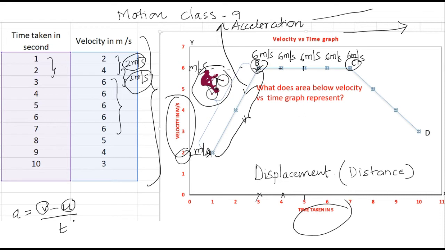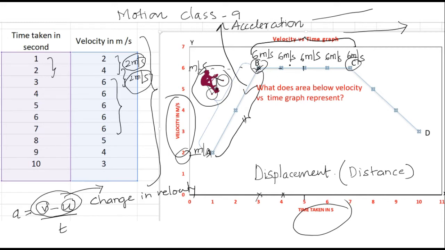Okay, so this v minus u is representing change in velocity. So when there is a change in velocity, then there is an acceleration.